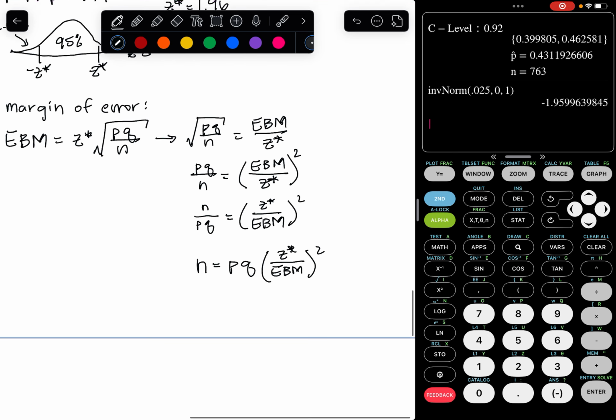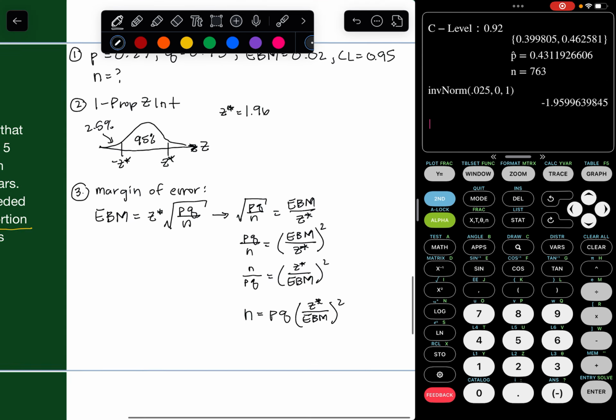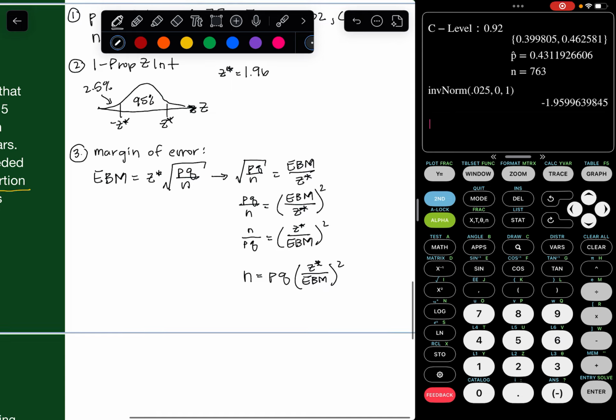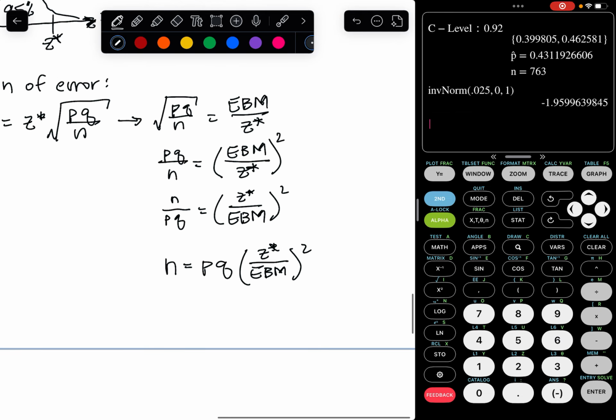I'm going to go ahead and plug in the values we had, because we have values for that above. We know P is 0.27. We know Q is 0.73. For our fraction, we know that our z-score was 1.96, and our error bound was 2%, which is 0.02, and that's squared. And I'm going to type it in my calculator exactly as it showed up there.